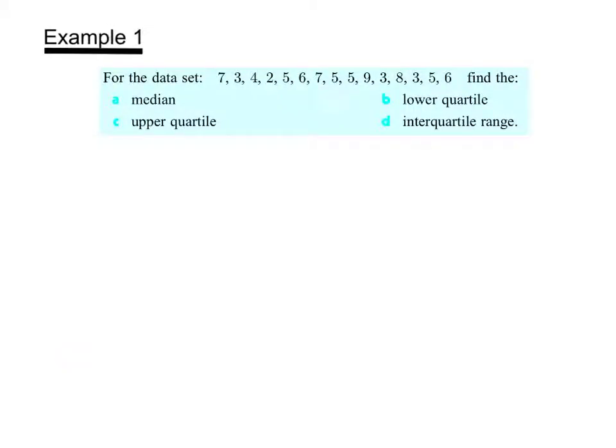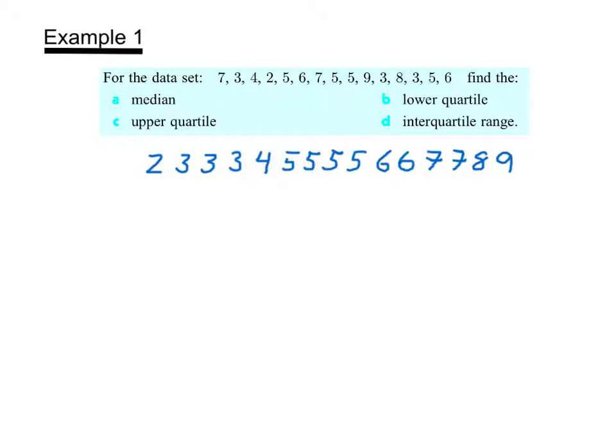So let's take a look at an example problem. Here we have a given data set, and we're asked to find the median, the lower quartile, the upper quartile, and the interquartile range. So the very first thing that we need to do is order the data set. From this data set, I can see that I have 15 data points, and so remember that the median is the middle data point.